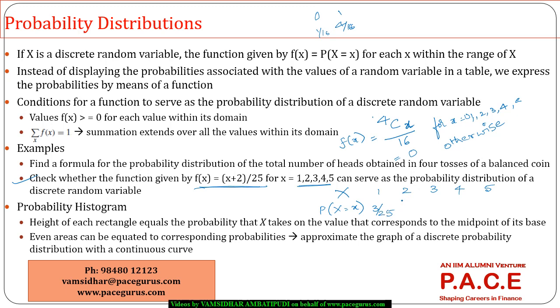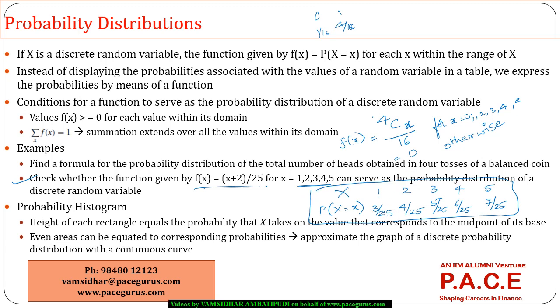Probability of x equal to 2 is 4 by 25. Here it is 5 by 25, here comes 6 by 25 and here it is 7 by 25. So f of x equal to (x plus 2) by 25 is something like this.